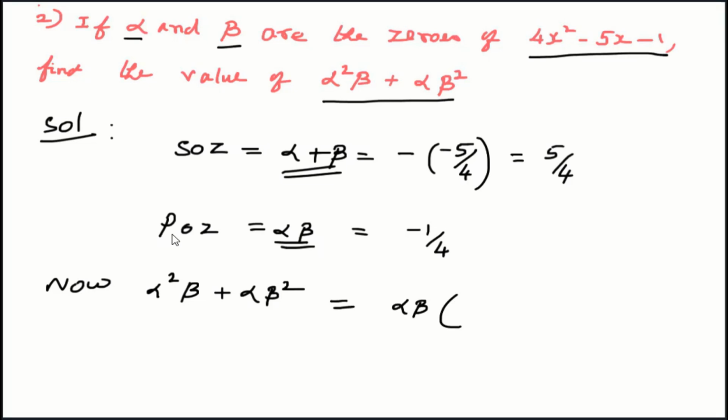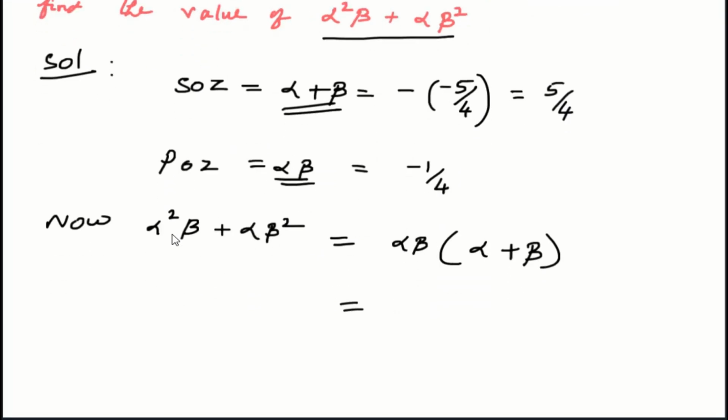From alpha square beta, alpha beta goes out, leaving alpha. From alpha beta square, alpha beta goes out, leaving beta. So it is alpha beta times alpha plus beta. For both I know the value. Just substitute minus 1 by 4 into 5 by 4, which is negative 5 by 16.